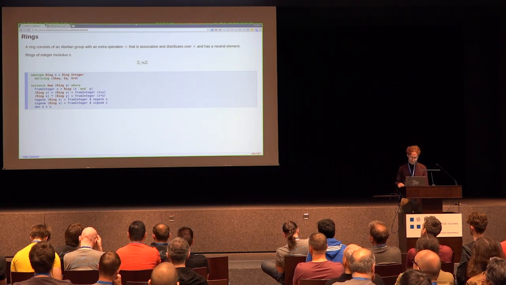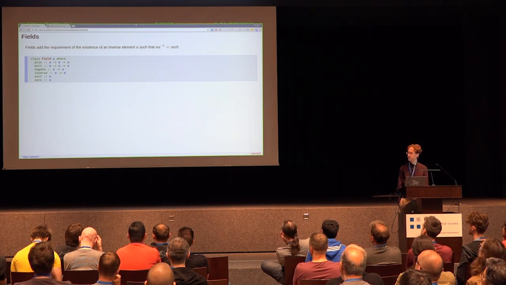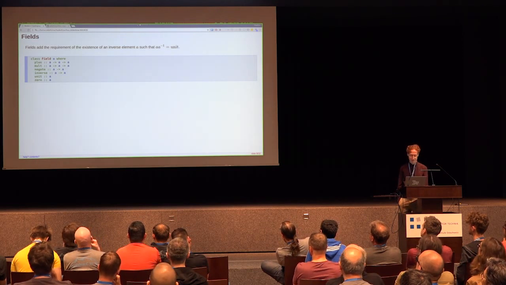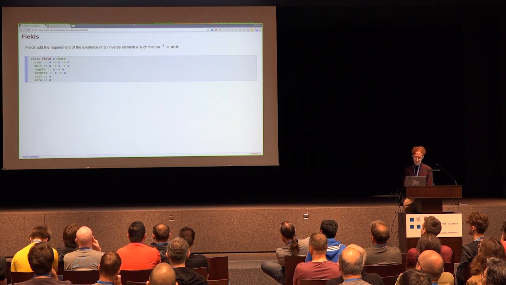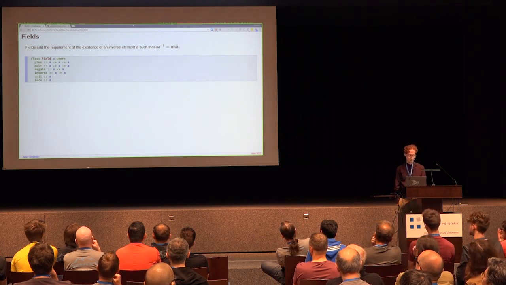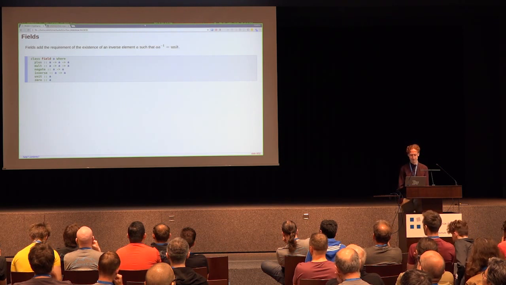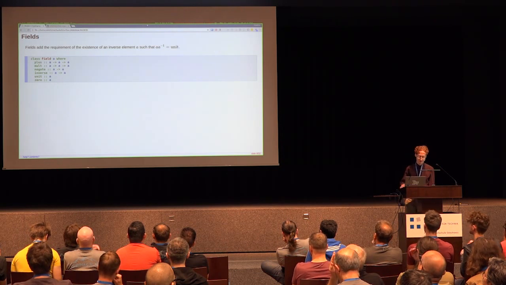So that's all this is. And then there are fields, which build on top of the groups and rings to give us addition, multiplication, negation, inversion, units, and a 0, such that for every element a, there's a multiplicative inverse such that multiplying it by the inverse gives you back the unit.